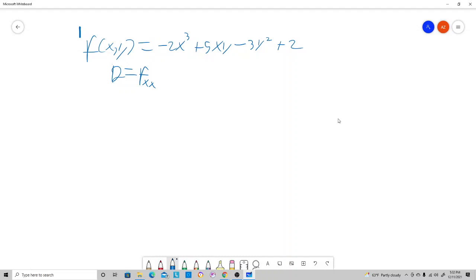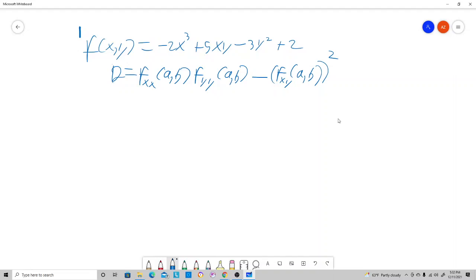If you see two x's, that means you're taking the double derivative. So we need to take many partials here.